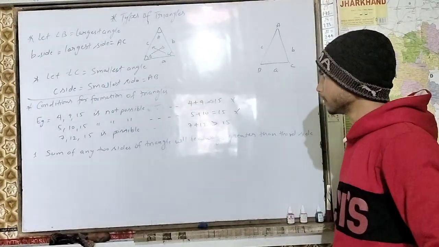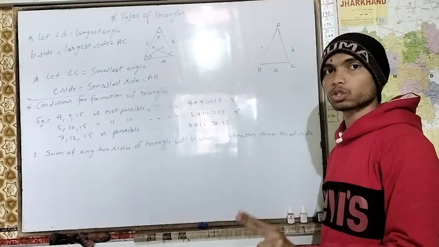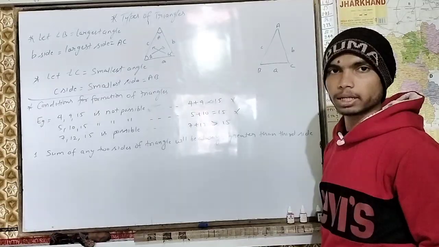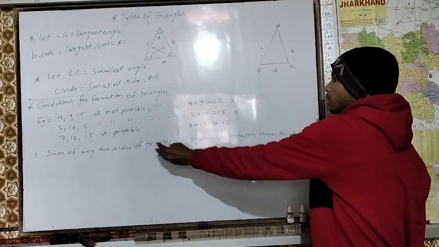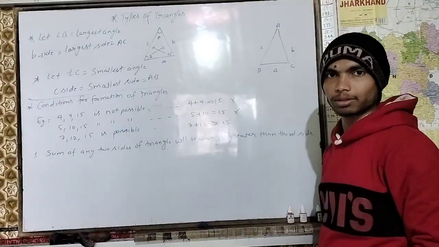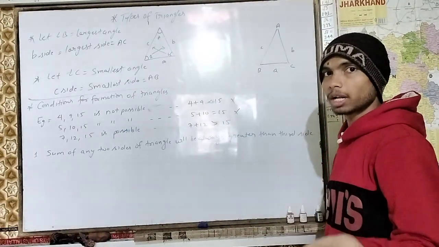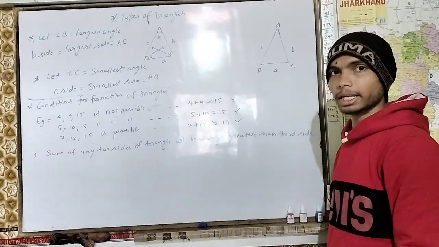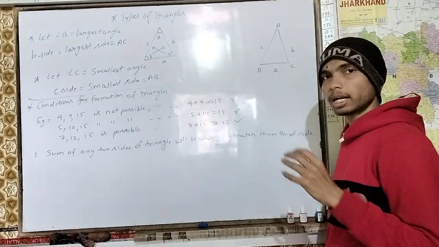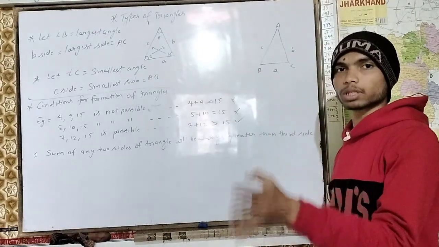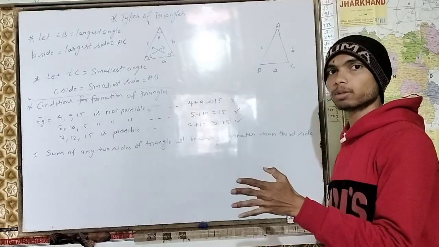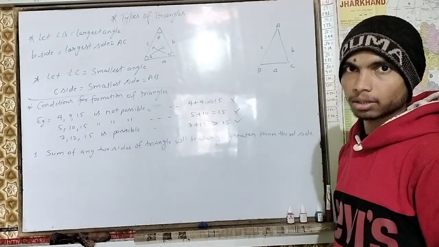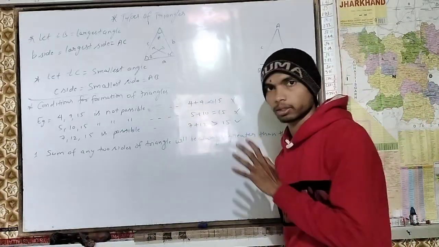The condition is that the sum of two sides should be greater than the third side. For 7 plus 12, it becomes 19, which is greater than 15, so this was possible. That is how we check whether it is possible to create a triangle with these side lengths.